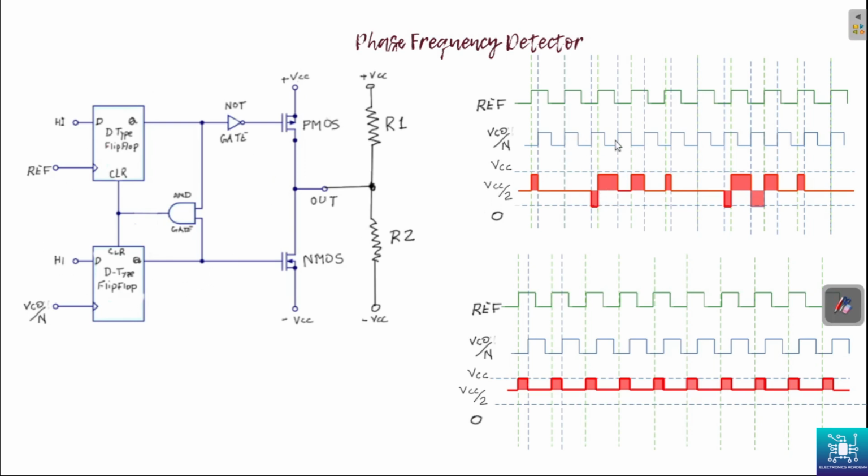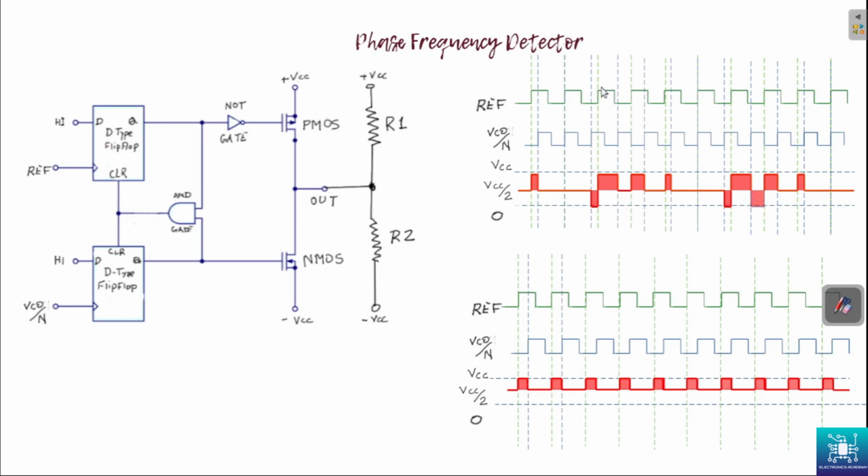So if the second signal leads, we get a negative pulse until another rising edge occurs in the reference signal, and this pulse goes from negative back to positive.